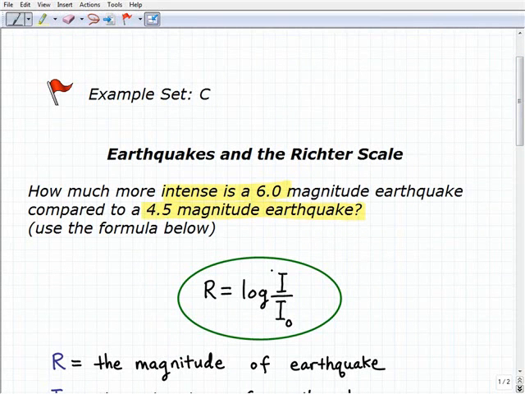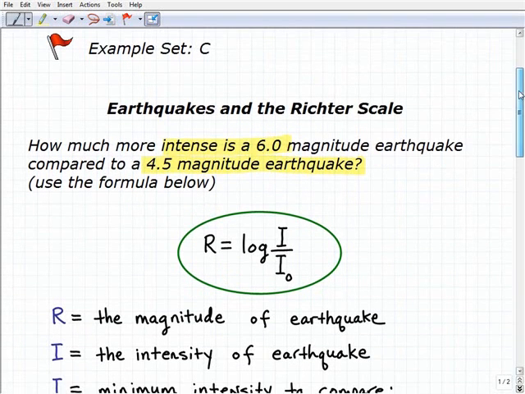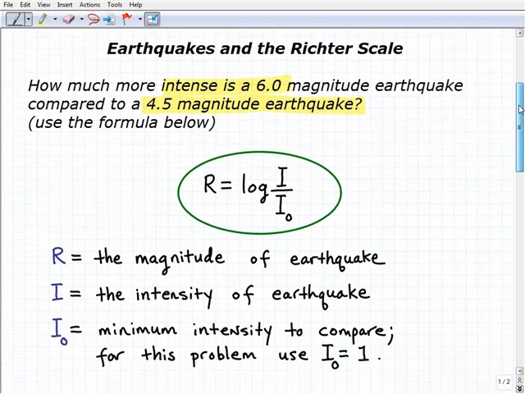Earthquakes increase exponentially in their strength. In other words, the difference between a 2, a 3, a 4, and a 5 is not one-fold; they go up exponentially stronger. But this particular equation is going to help us figure out the intensity given the magnitude.